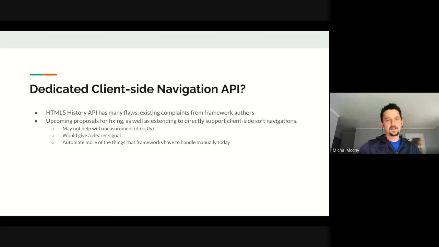And so there are proposals to fix these flaws, but one of them would be to provide an API that's like a well-lit path just to do all of the right things that most frameworks have to do manually today automatically. And this could also be used by us to be a clear signal. It might not help with measurement directly, but it would at least give us something to hook onto reliably.